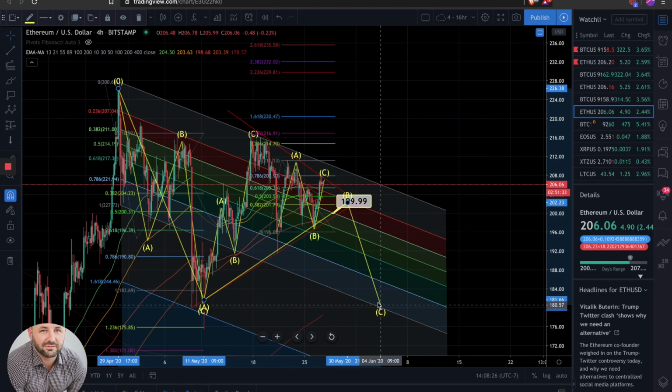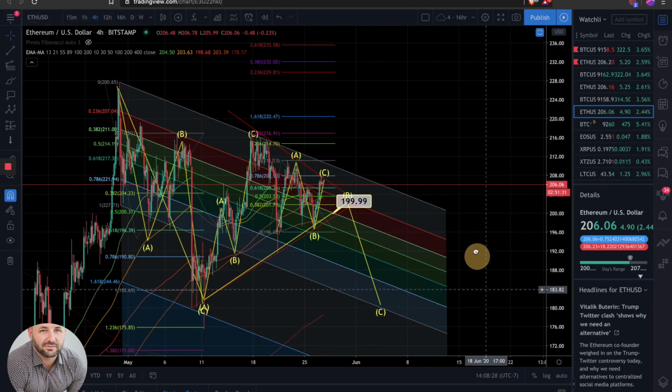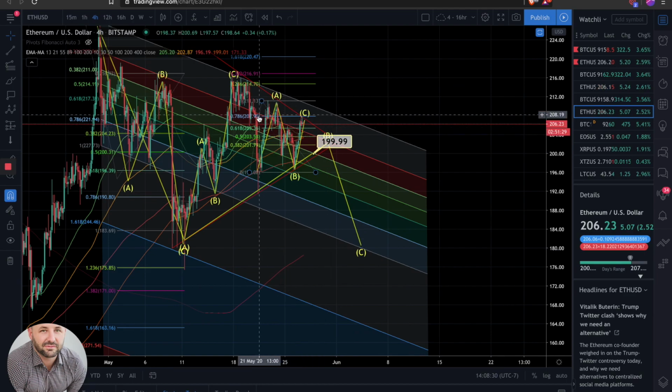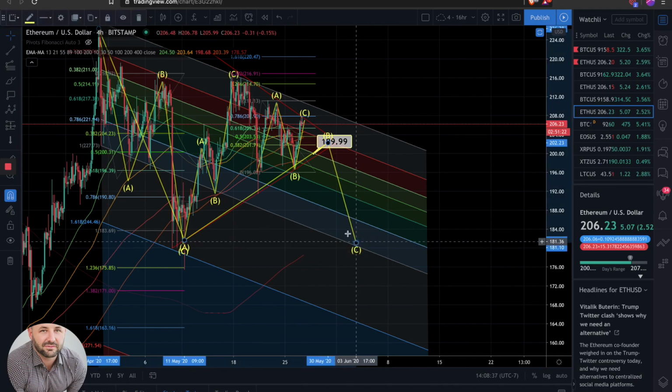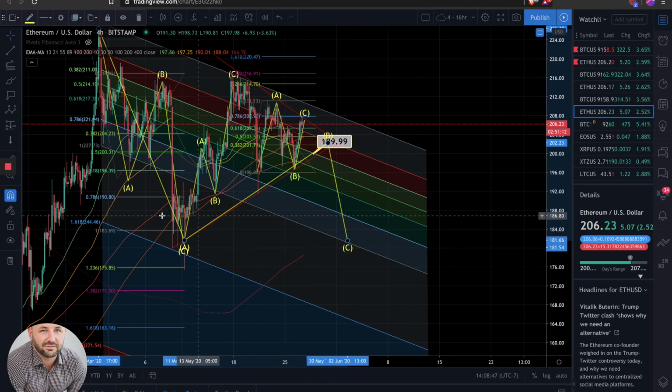That 180 mark was pretty strong, but losing that $200 mark again would be pretty bearish in my opinion, depending on the timing of how it all plays out. We do have this EMA coming up, which potentially would be right in this area as well, to help give some support on that particular move down.